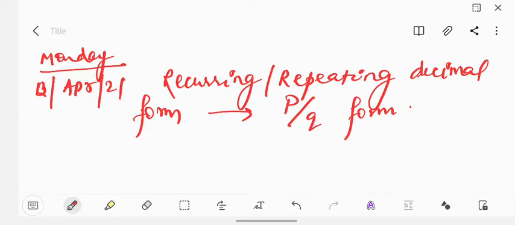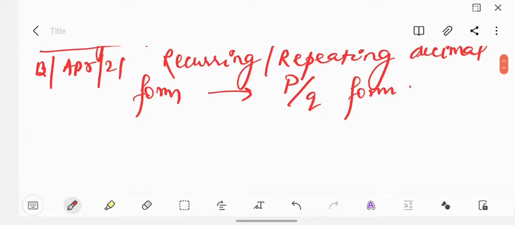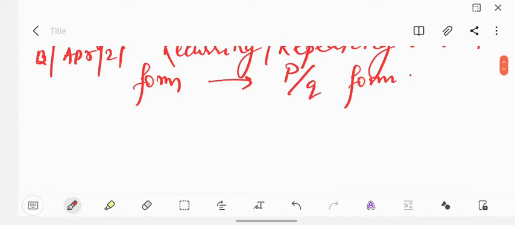That is today's topic of standard 9th, all sections. Okay, so let's start the topic by taking some examples.